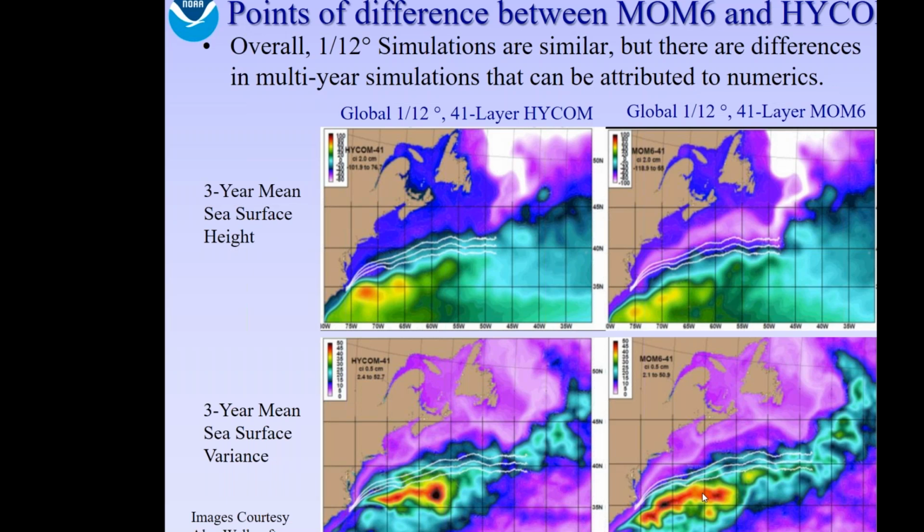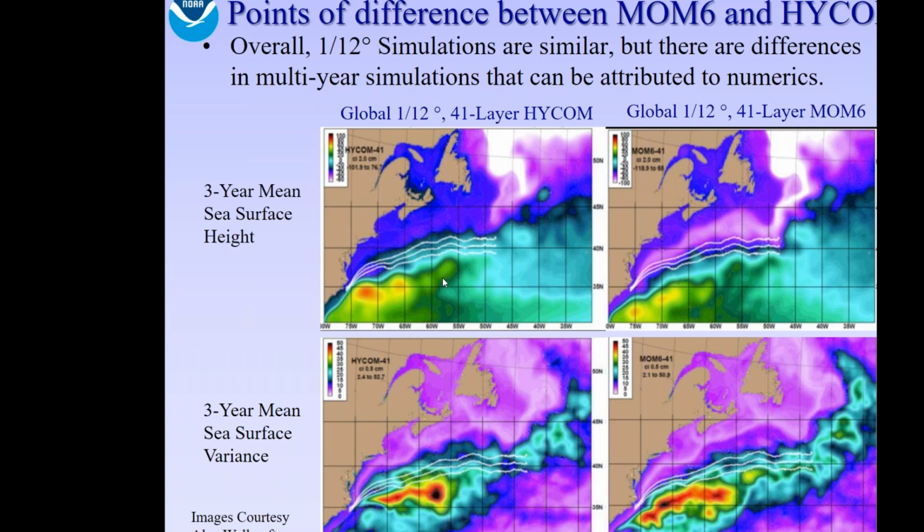And by cross comparison, mixing and matching different parameterizations, we hope to be able to capture, for instance, this nice extension of the Gulf Stream eddy field in MOM6, while also trying to figure out what it is about the difference between HYCOM and MOM6 that's leading to a difference in the separation point near Cape Hatteras here, which is something that is of significant importance for actual operational forecasts.